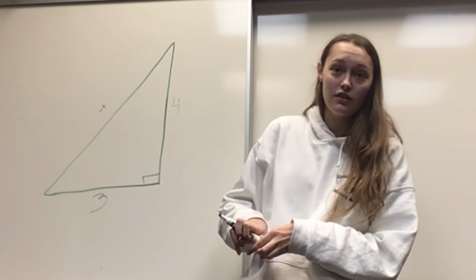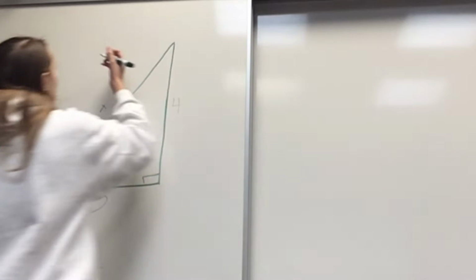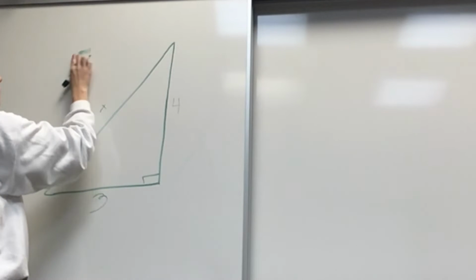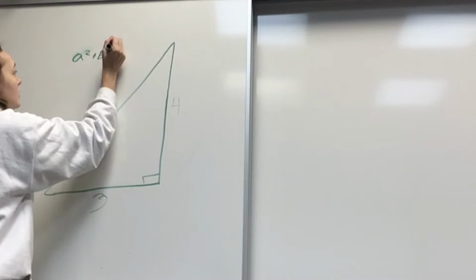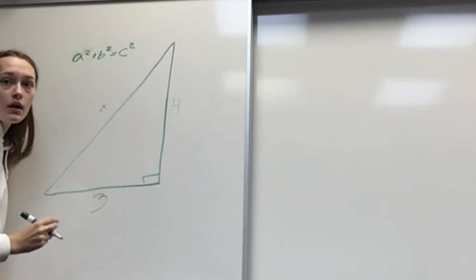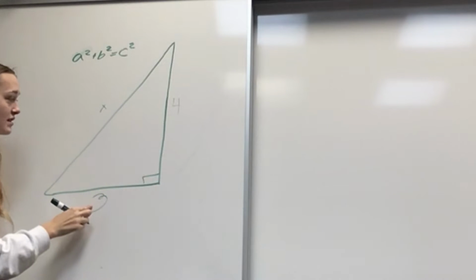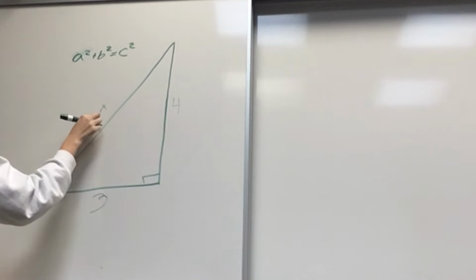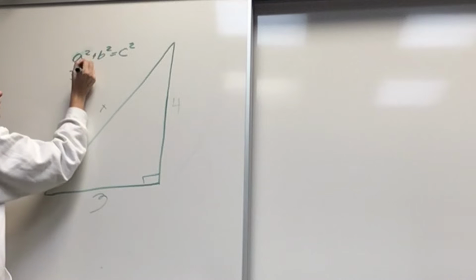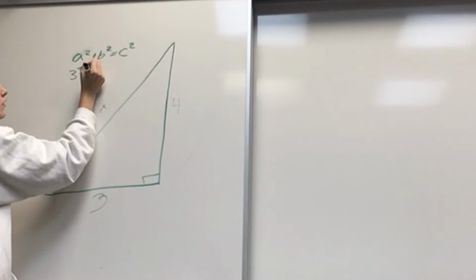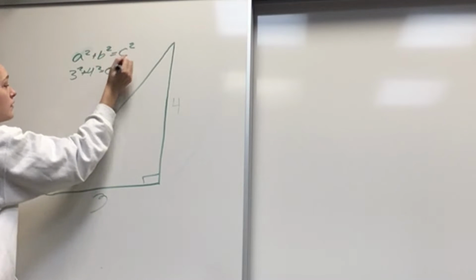We can use the Pythagorean Theorem to do that. The Pythagorean Theorem is a squared plus b squared equals c squared. So if we mark this as a, this is b, and this is c, we find that 3 squared plus 4 squared equals c squared.